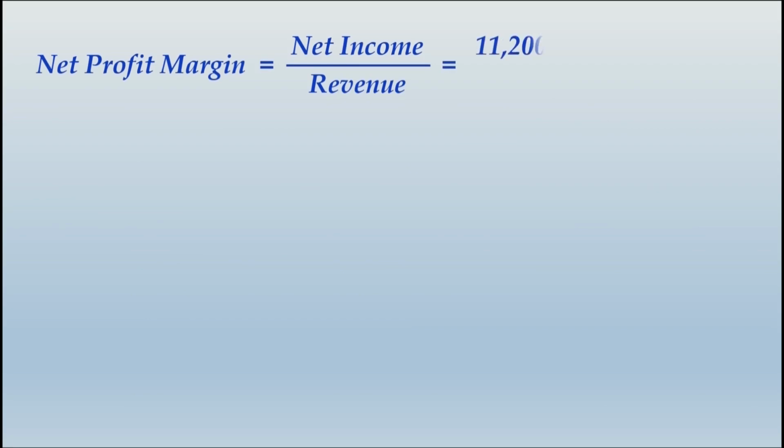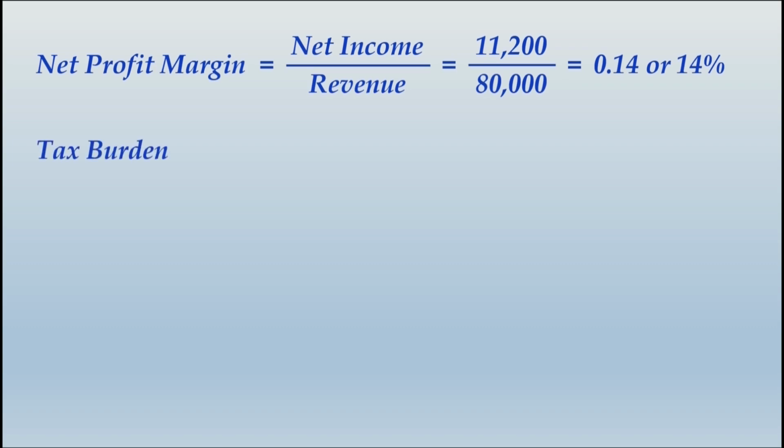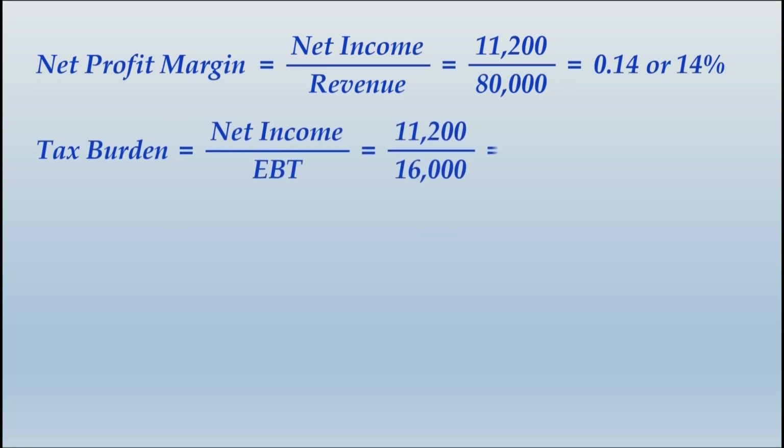And in your solution, you will start with the calculation of net profit margin, that is net income divided by revenue, and that will be 0.14 or 14%. Tax burden will be net income divided by EBT. One thing is very clear, because the tax rate is 30%, the tax burden will be 70%. That means the tax burden, which resembles 1 minus tax rate, will be 70%.